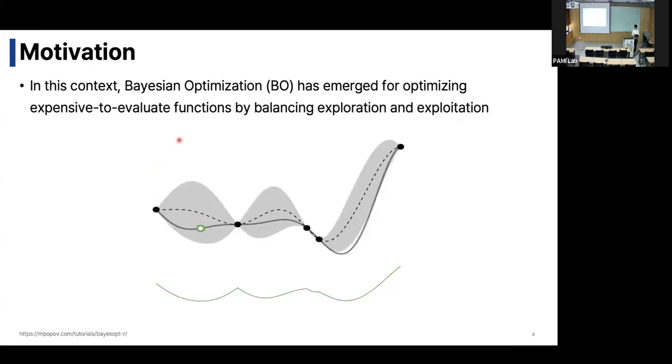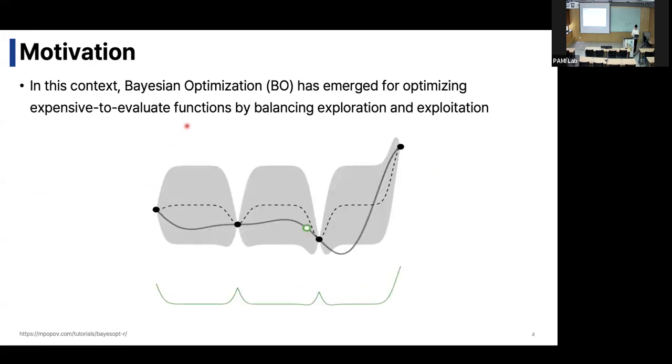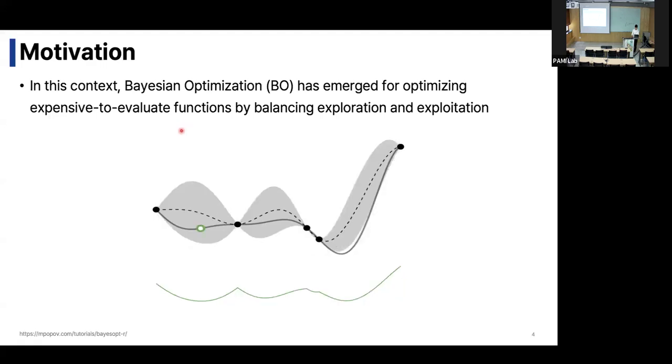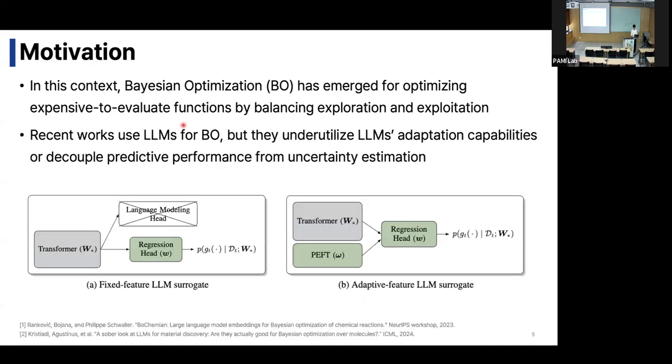In this context, Bayesian optimization serves as a powerful framework. BO is particularly useful when optimizing functions that are expensive to evaluate. Recently, there has been growing interest in integrating LLMs into the BO framework, especially by using LLMs as feature extractors for surrogate models.